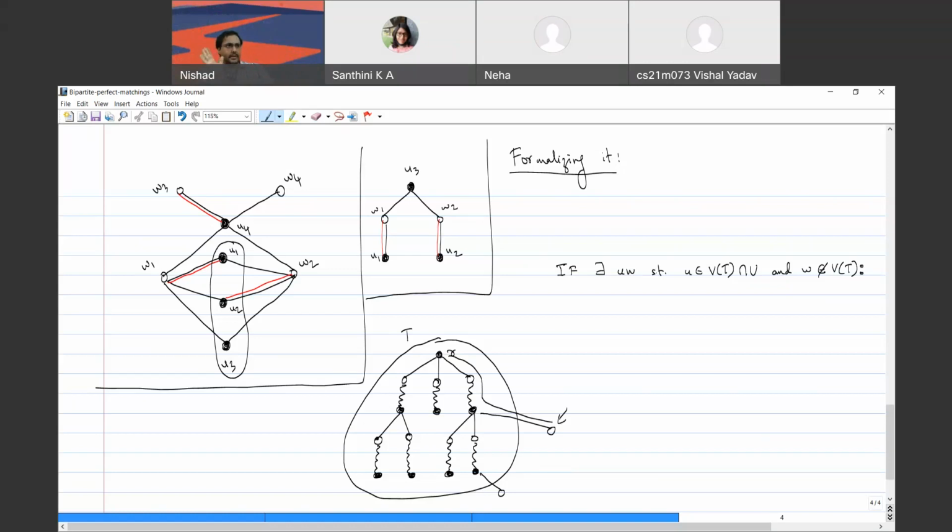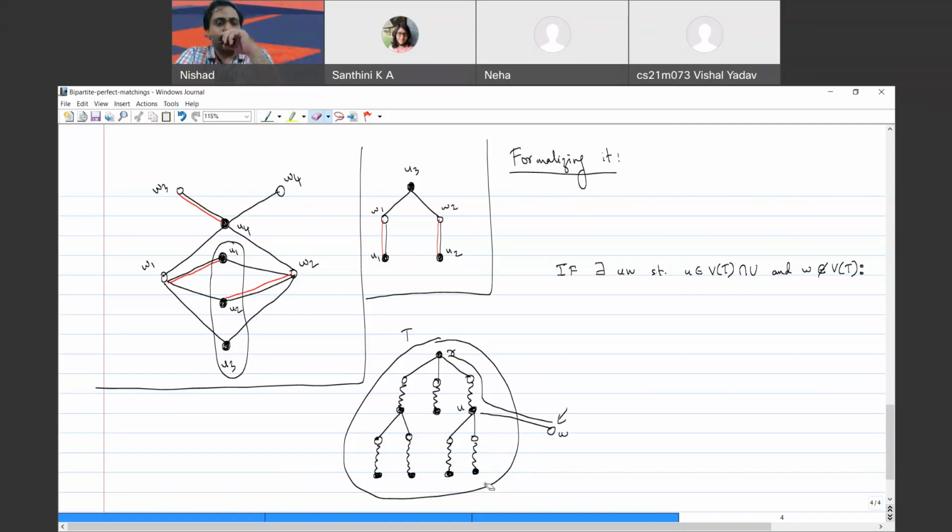Supposing there is such an edge, I can just scan all the black vertices and look at their neighbors in the tree. If there is such an edge, think of this as your U and this as your W. I'm deliberately not picking a leaf because I don't want to get into those very specific details that will make the algorithm very long. I'm just looking at any vertex.